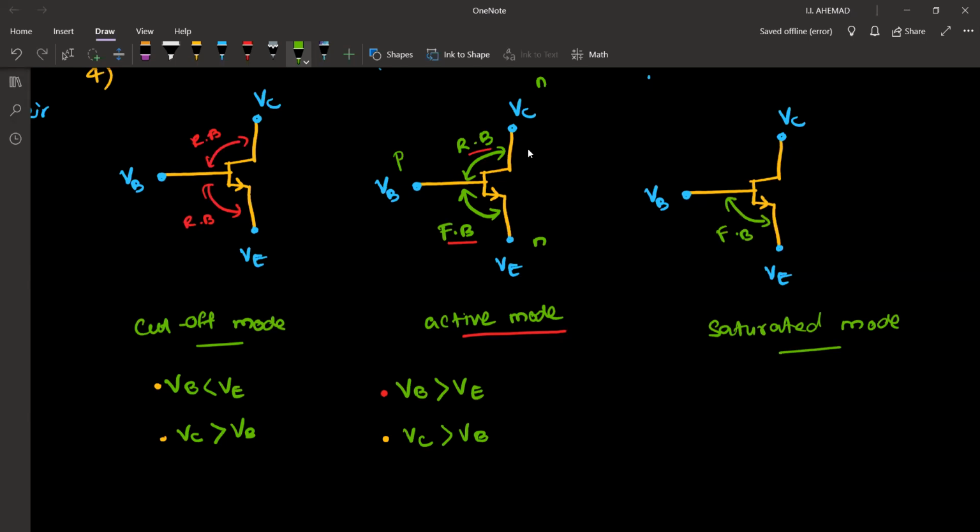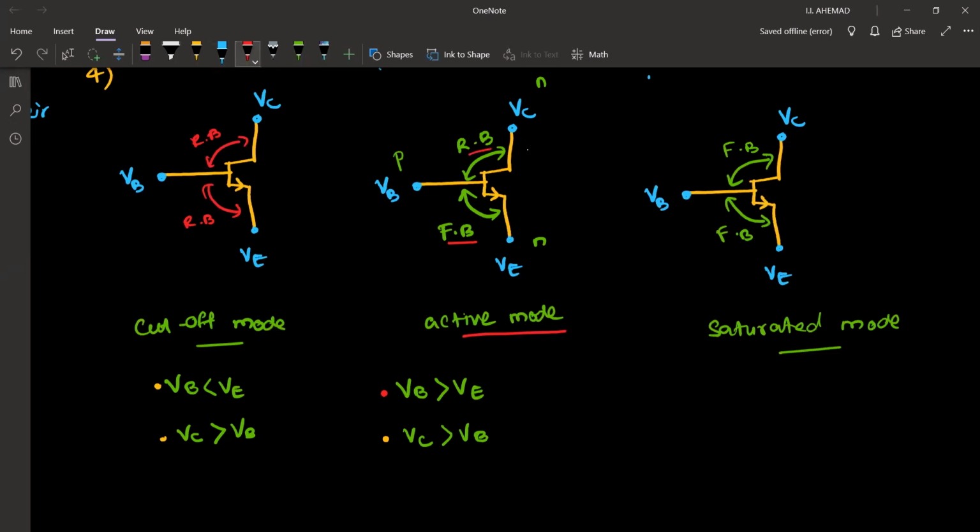When we are going towards saturation, VC is decreasing. At a certain instant, it goes below VB. If it goes below VB, now it becomes forward biased. So both sides are forward biased.